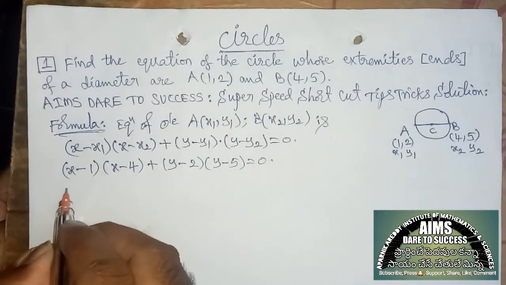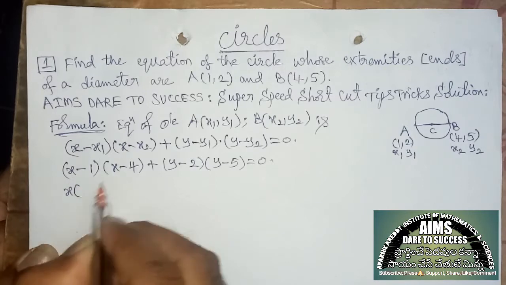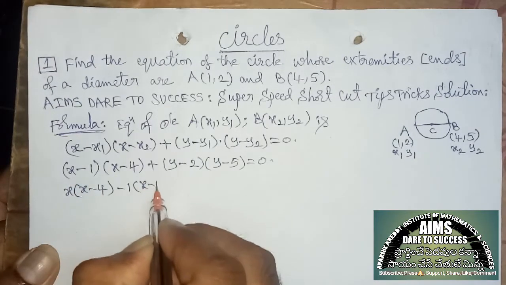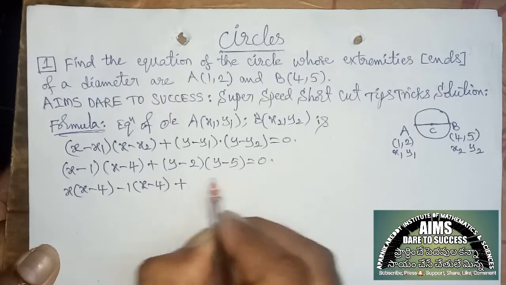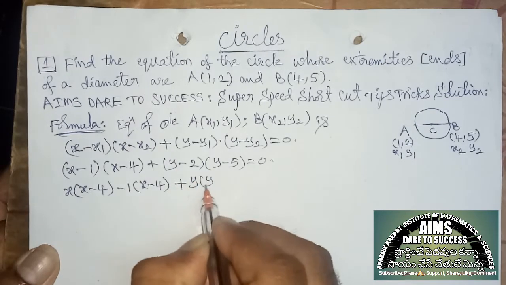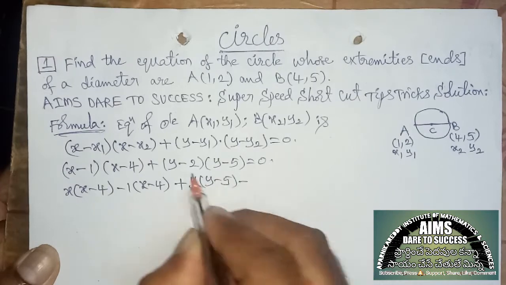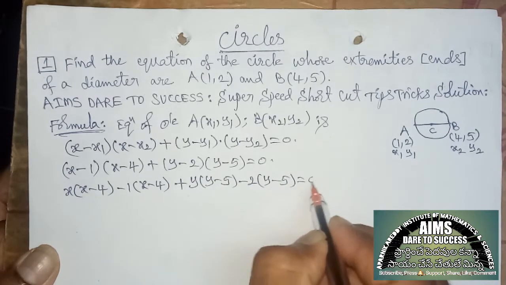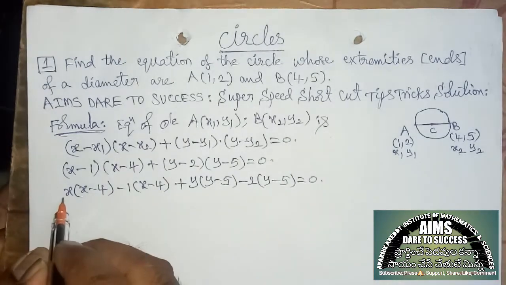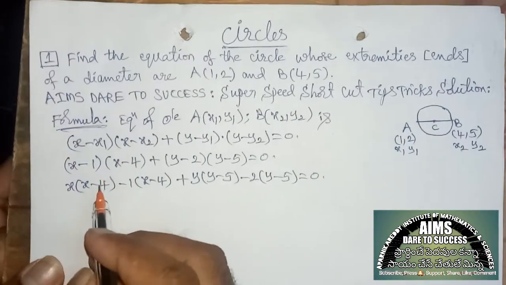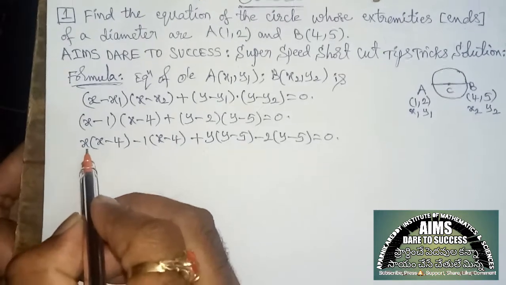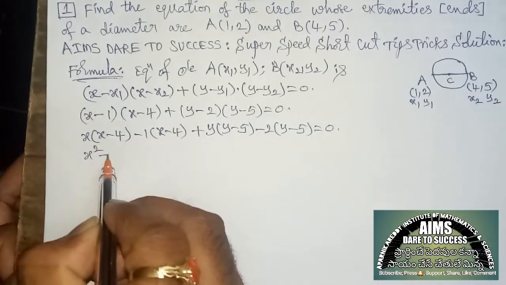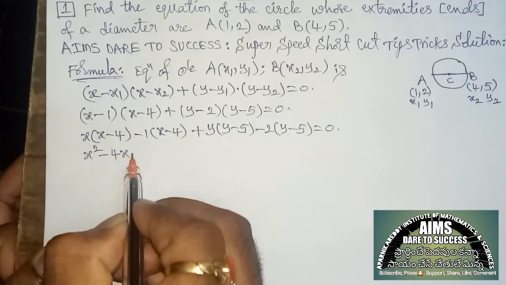Normal simplification: we get x into (x minus 4) minus 1 into (x minus 4), plus y into (y minus 5) minus 2 into (y minus 5), is equal to 0. Normal multiplication: x into x is x square. Plus into minus is minus, x into 4 is 4x.